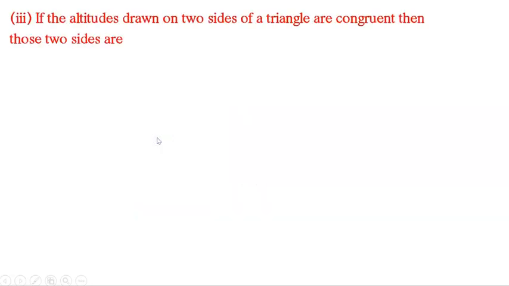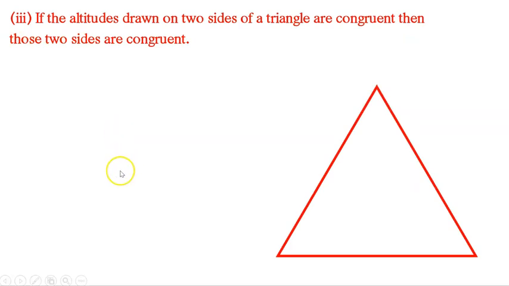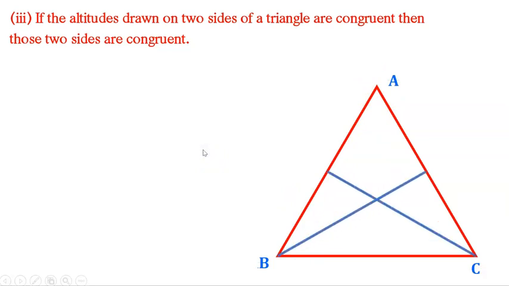Now next. If the altitudes drawn on two sides of a triangle are congruent, then those two sides are congruent. Okay. If the altitudes we draw on two sides are congruent, then those two sides must be congruent. Now see this here, triangle ABC. We have drawn the first altitude, and the second altitude.